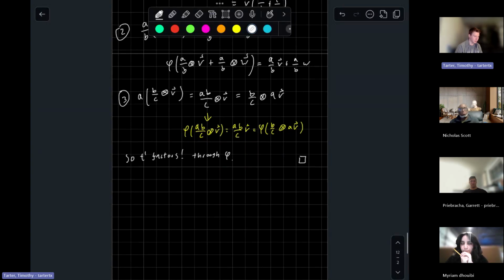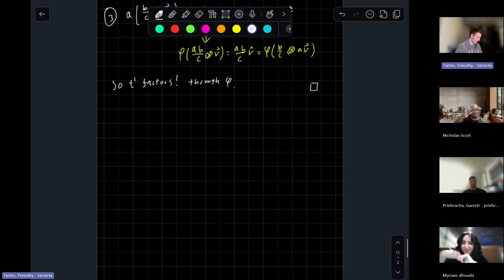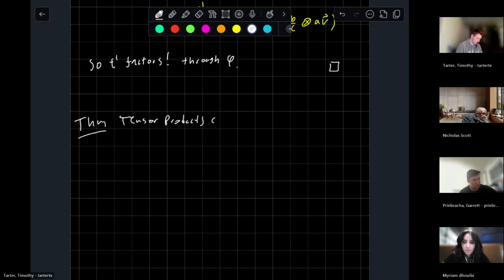Tensor products commute with arbitrary direct sums. I don't want to prove that. That sucks. I'm just going to state that as a theorem. Okay. Tensor products commute with arbitrary direct sums.